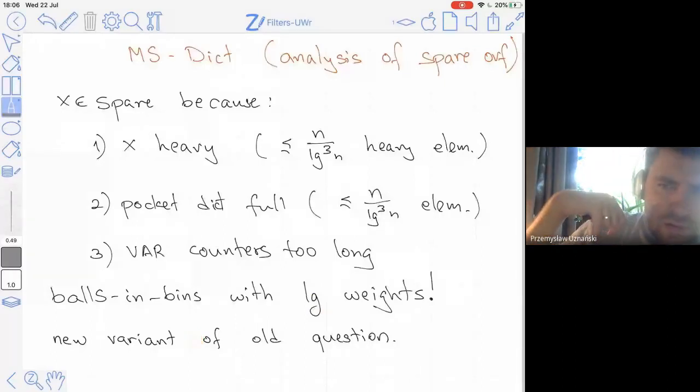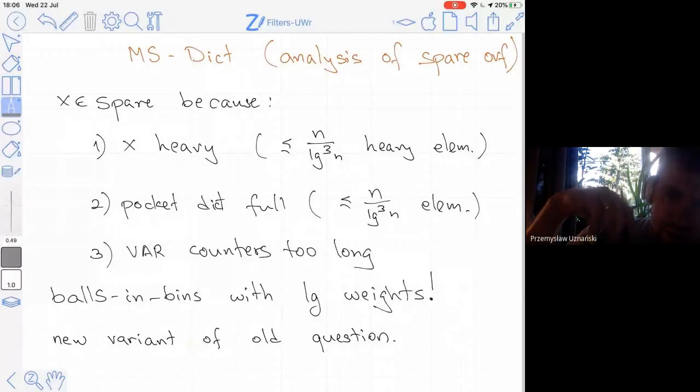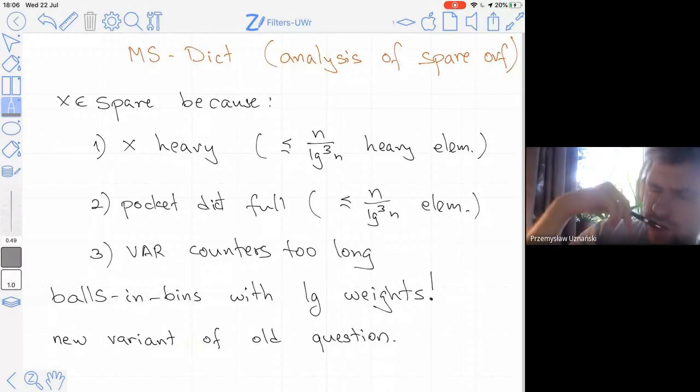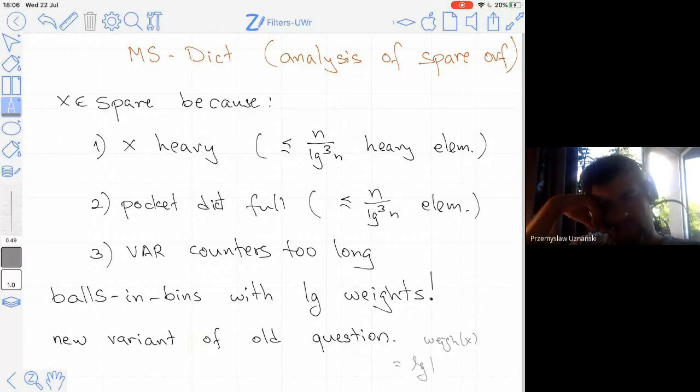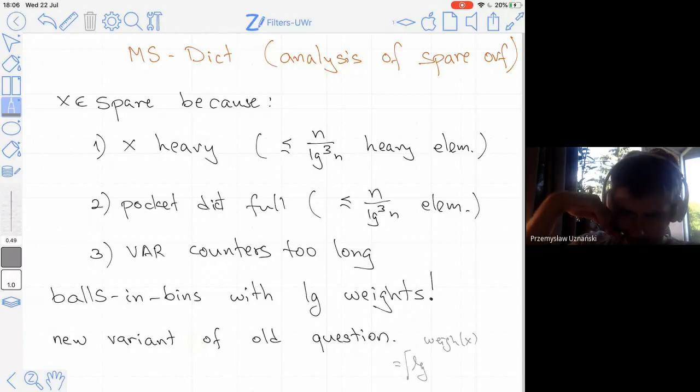It's also analyzed using Chernoff bounds and these types of tools. So the weight of an element is the log of 1 plus its multiplicity rounded up.